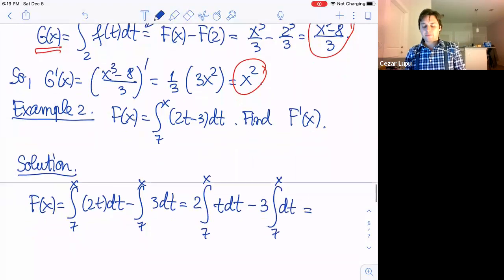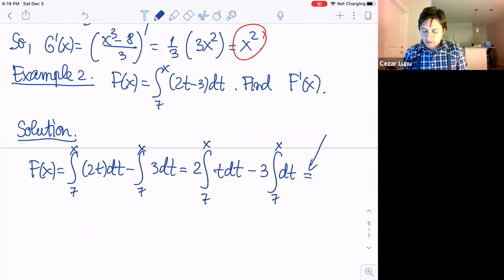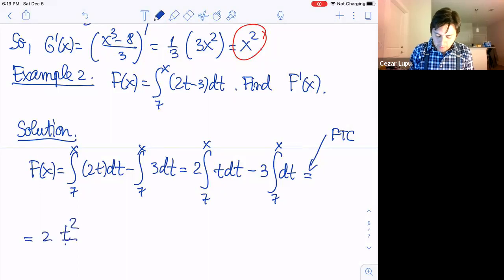And now by applying the fundamental theorem of calculus, this would be equal to 2 times t squared over 2 from 7 to x minus 3 times t from 7 to x, not 2, geez.